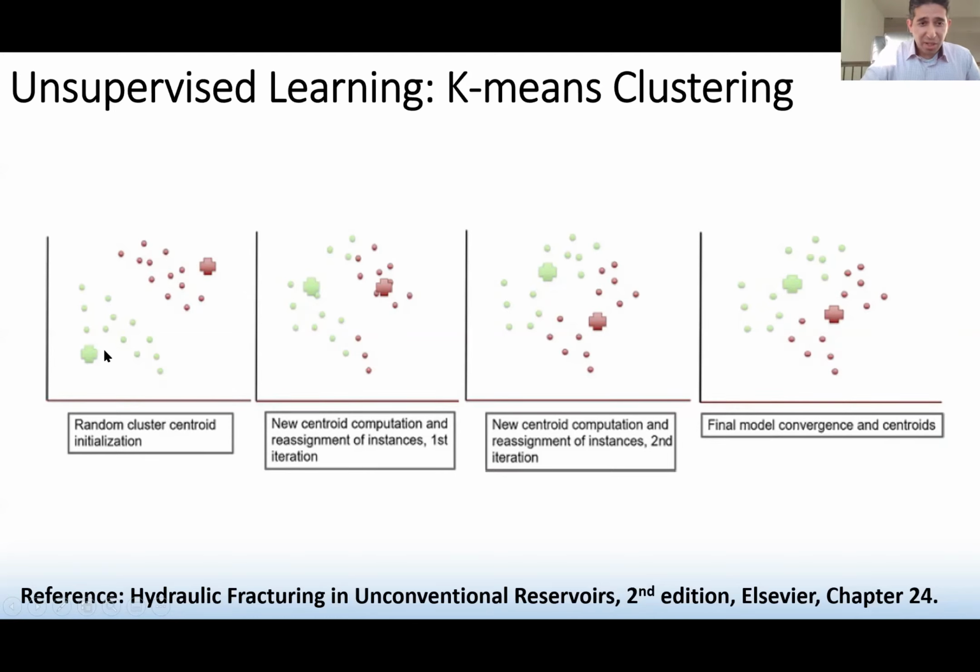Then what you're going to do is measure the distance. And when I say distance, I'm talking about the Euclidean distance. You can use different types of distances out there, okay? But let's just say for simplicity, I'm going to use a Euclidean distance.